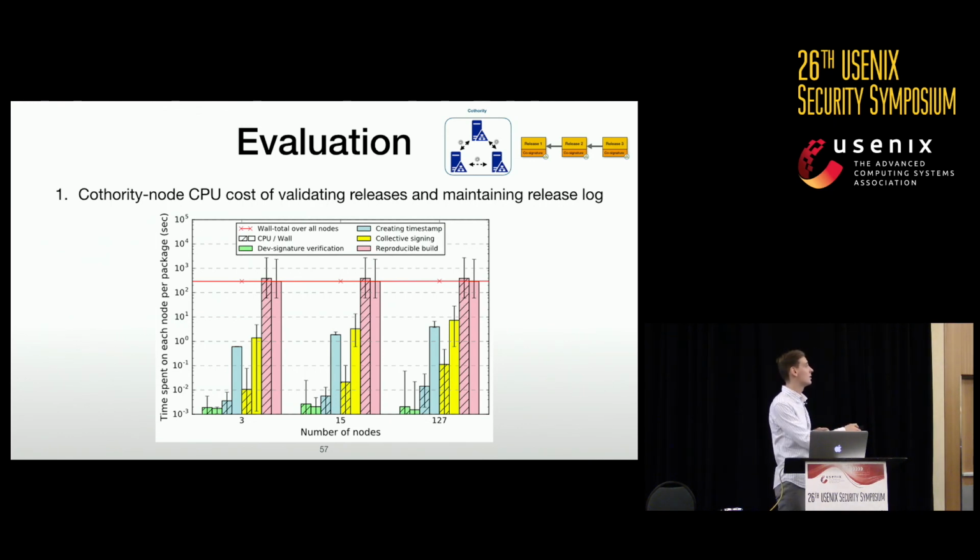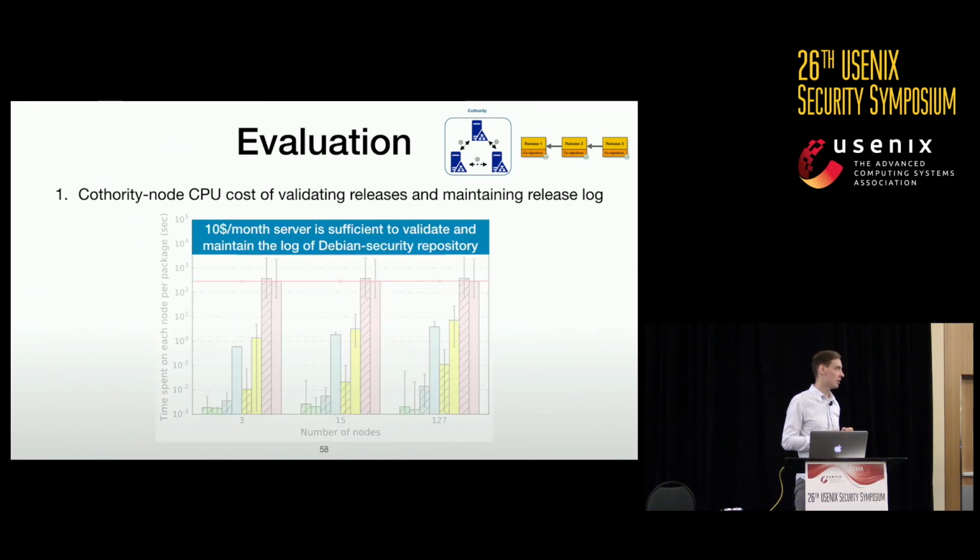The only 2 things that depend on the size of the Cothority are collective signing and creating timestamps, because you basically need to traverse a tree down and up. The main takeaway is that if you just rent a simple server for $10 a month, you would be able to validate the Debian security repository, which has a frequency of about 8 updates a day. Because on average, it was taking 5 minutes to validate one release.